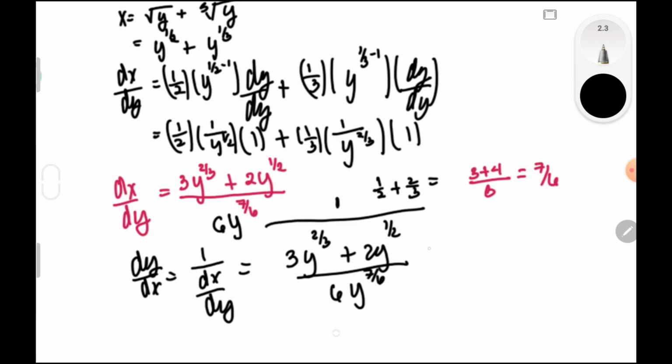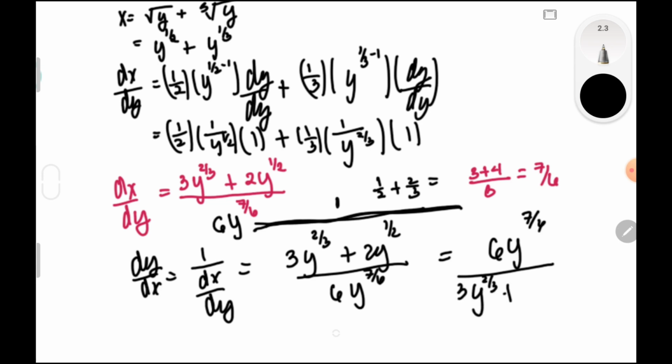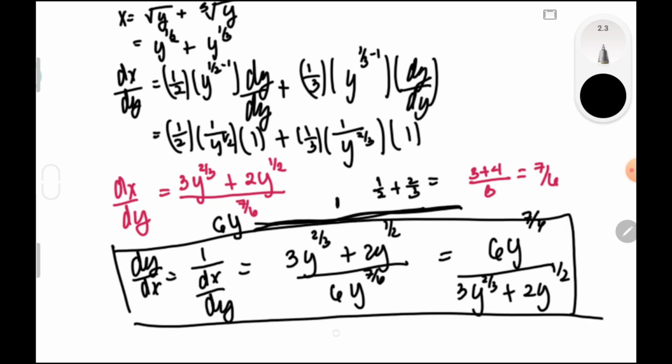That is how it should be, sorry. So therefore we have 6y raised to 7/6 divided by 3y raised to 2/3 plus 2y raised to 1/2. This is our dy over dx.